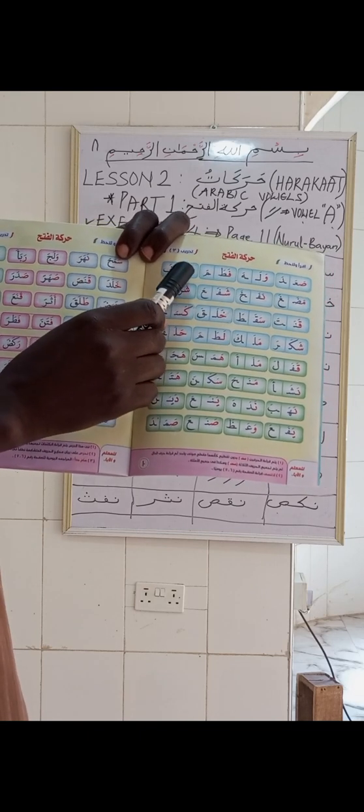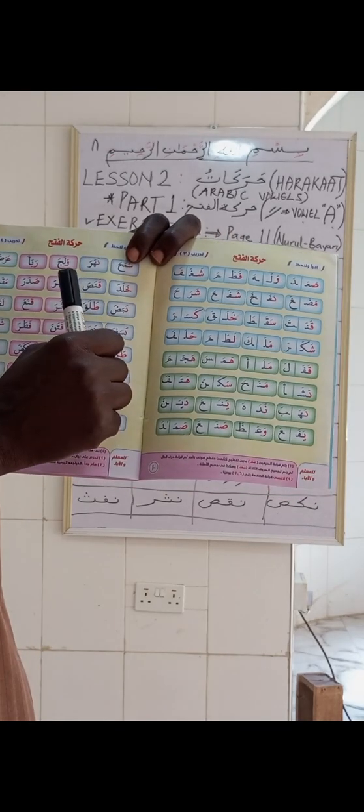The first one is Shin, Ghain and Fa. Sha, Go, Fa. That is the first correction for those that did not get it right. The second one is Sha, Ro, Ha. It's not Sha, Ro, A with Ain, but Sha, Ro, Ha with Ha.